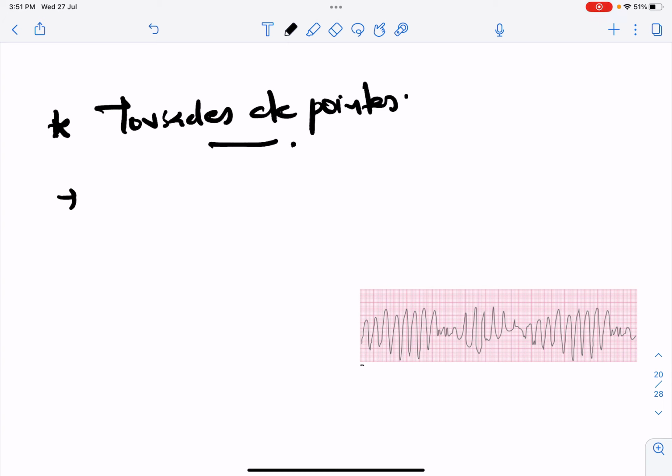In simple words, Torsades de Pointes can be defined as polymorphic VT with long QT interval.